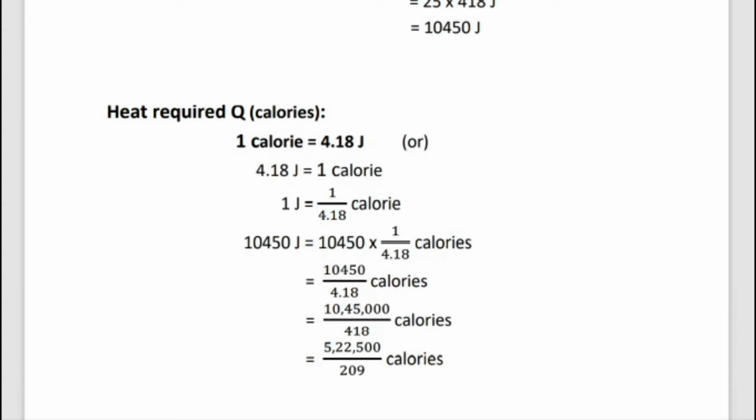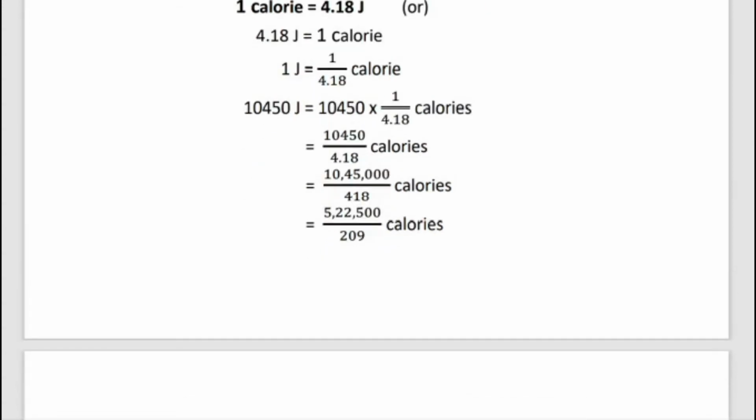If we interchange the left and right sides, 4.18 joules is equal to 1 calorie. So 1 joule is equal to 1 by 4.18 calories, since 4.18 goes to the denominator.